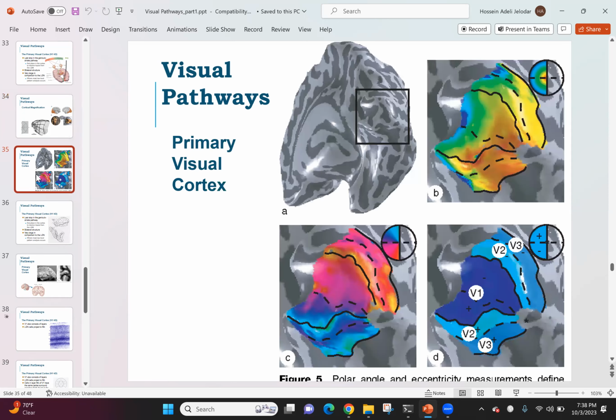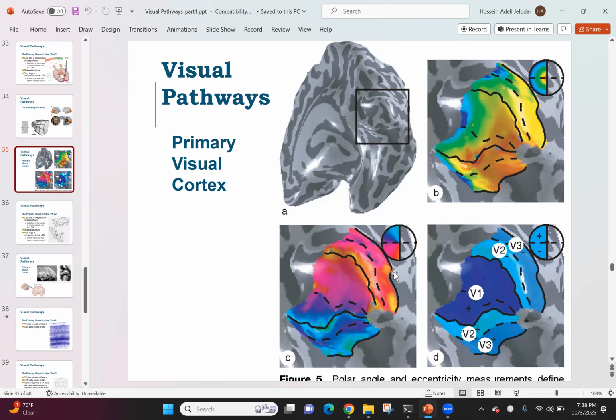Here's another figure, and this is a better one. This is the right hemisphere of the brain, and back here, imagine there would be two of them side by side, the right hemisphere and the left hemisphere. This is the right hemisphere, so it is processing visual input from the left visual field.